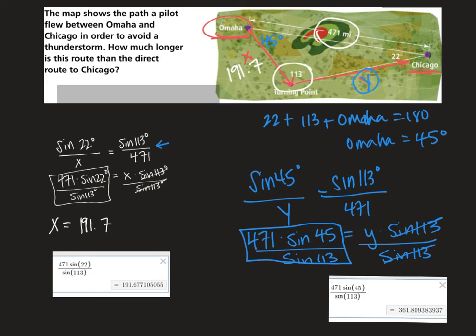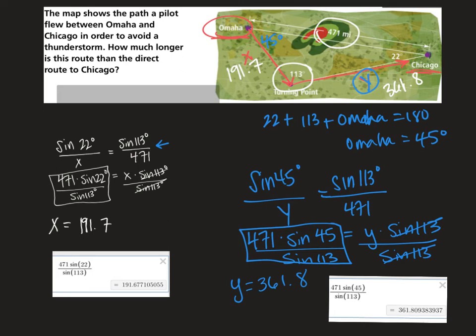Okay, so when we plug that in, we end up with y equal to about 361.8. So y is about 361.8. So I'm going to put that up here. Now, the question actually asks, how much longer is the route?